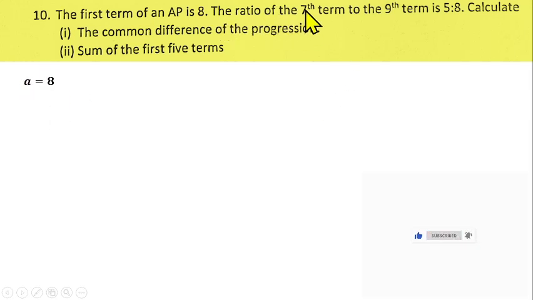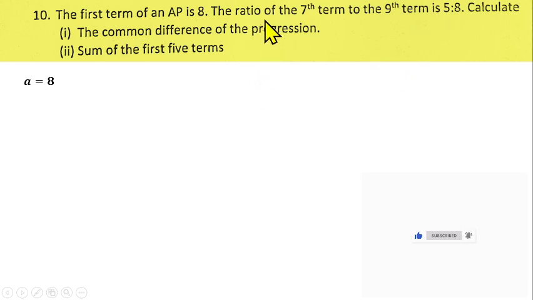The ratio of the 7th term to the 9th term is 5 to 8. The 7th term of an AP is a plus 6d. Then what is the 9th term of an AP? The 9th term is a plus 8d.